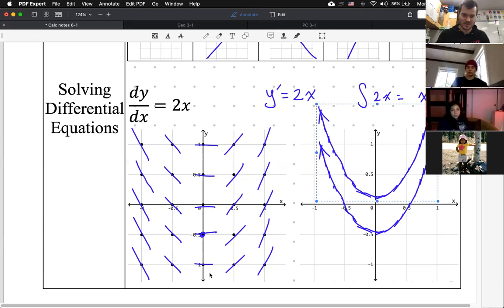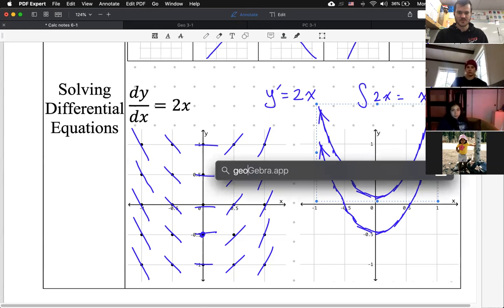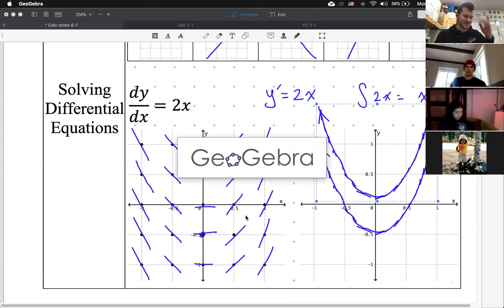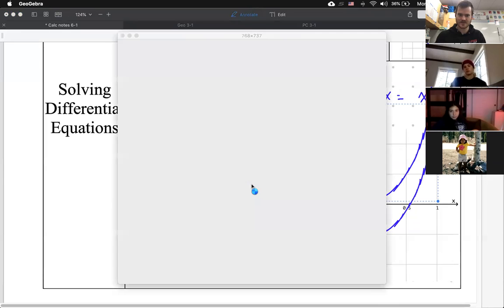In fact, if you want, you can go to GeoGebra, and you can actually set up a slope field. I haven't done this in a year, so I hope I know what I'm doing. GeoGebra makes some really, really cool slope fields, and it's a way to check your work too. I guess I could do online GeoGebra too, but I'm going to do the application because I want my computer to die.